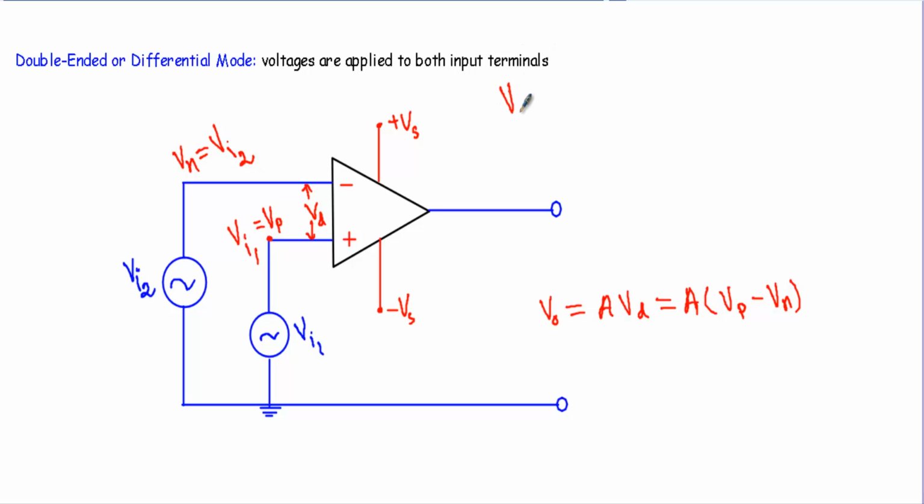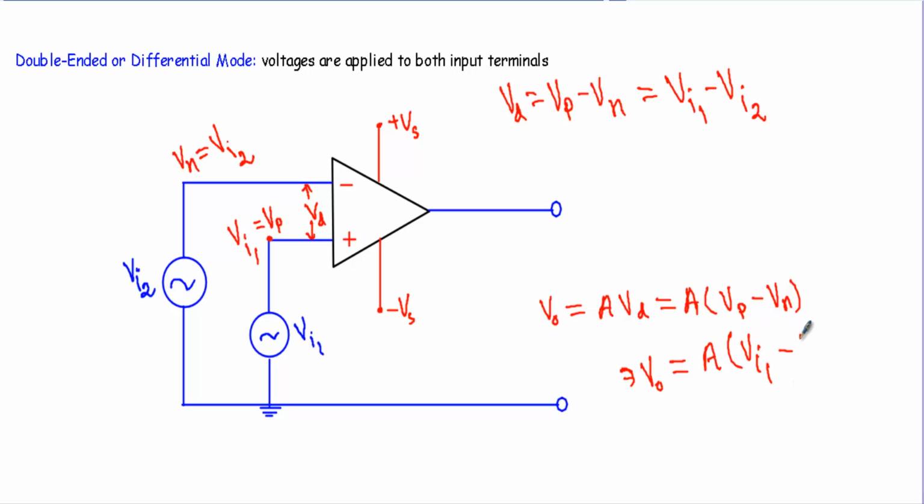Now Vd is the voltage difference between the non-inverting and inverting terminals, therefore Vd will be equal to Vi1 minus Vi2. Therefore the output voltage will be Vo equals A into (Vi1 minus Vi2).